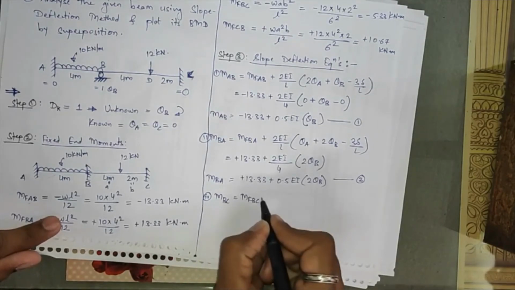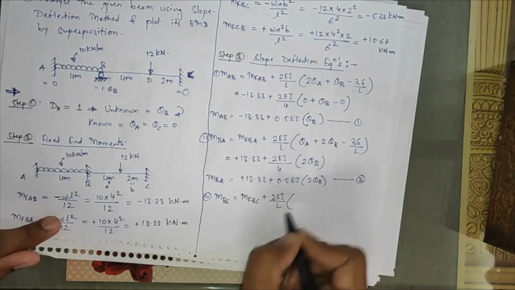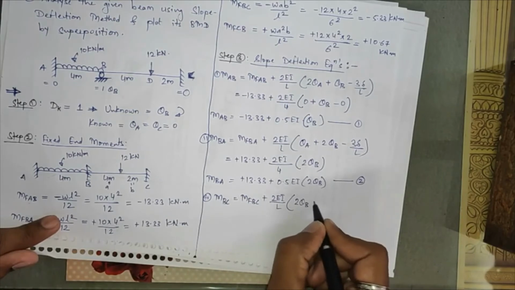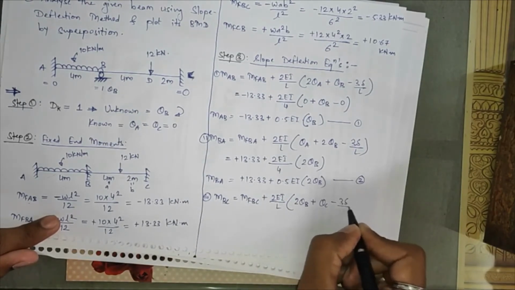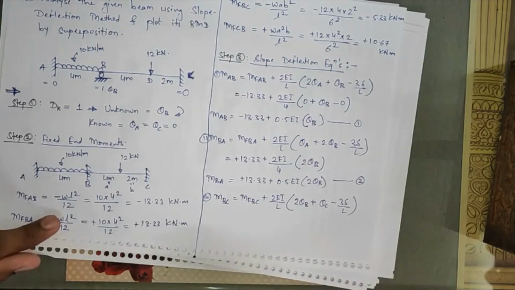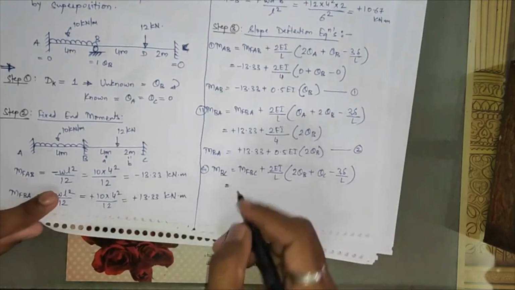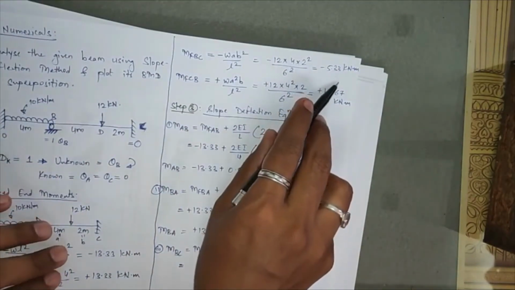MFBC plus 2EI upon L into bracket near end, that is your B, so 2 times of theta B plus theta C minus 3 delta divided by L. So this comes equal to how much again? It is equal to MFBC that we have calculated. I have got that as minus 5.33.